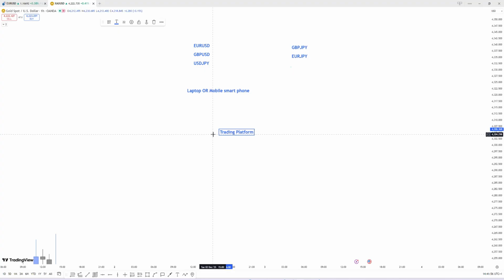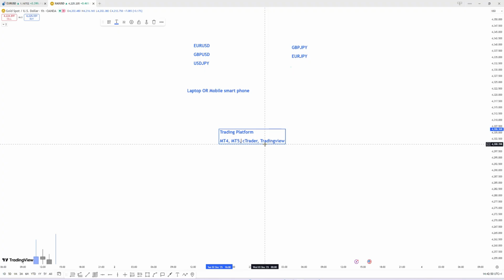One of these trading platforms you can use is MT4, MT5. We have MT4, we have MT5, and we have cTrader, right? And we have TradingView. Now, MT4 stands for MetaTrader 4, and MT5 for MetaTrader 5, and these are standalone platforms which allow you to buy or sell any of these currency pairs easily.